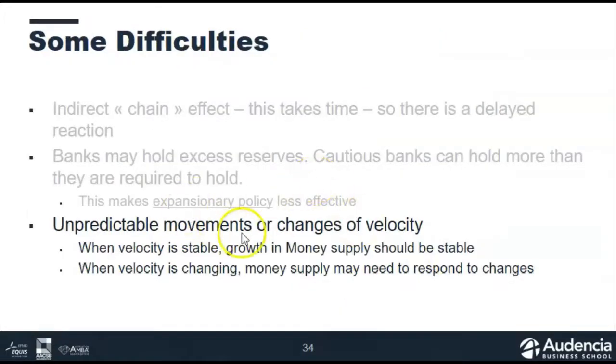So unpredictable movements or changes of velocity can limit the effectiveness of monetary policy. When velocity is stable, we like to have a growth of money supply also to be stable. But if velocity is changing a lot, then money supply is going to have to respond to these changes, and that makes monetary policy very, very difficult.